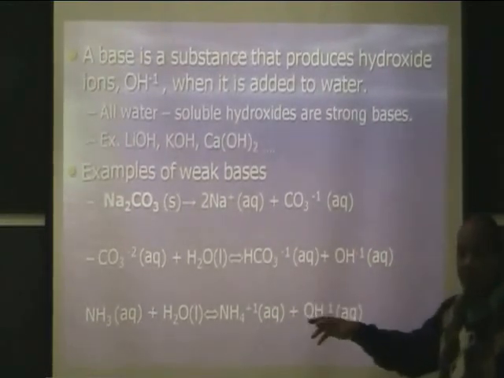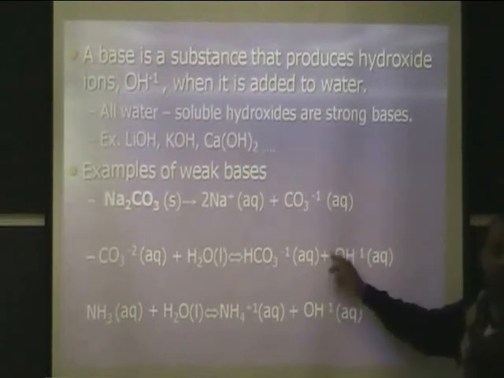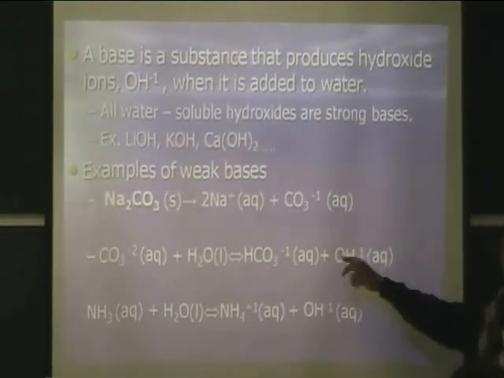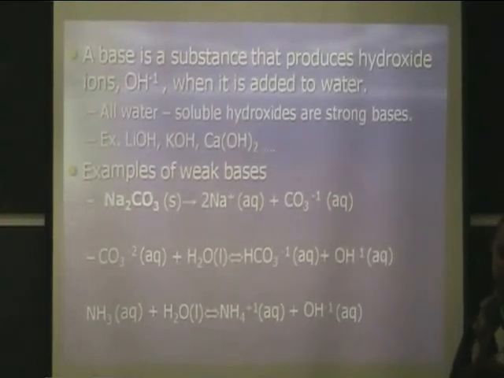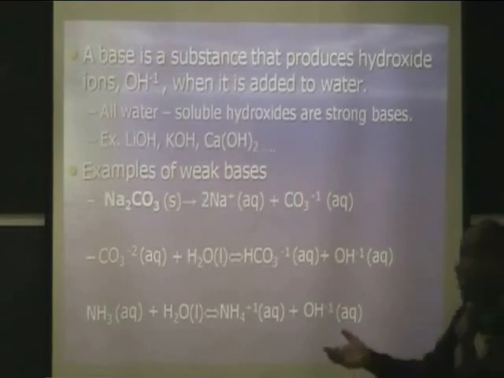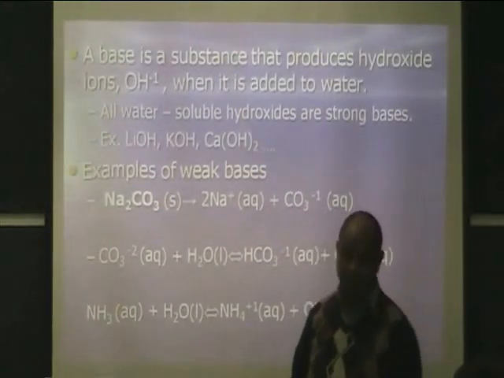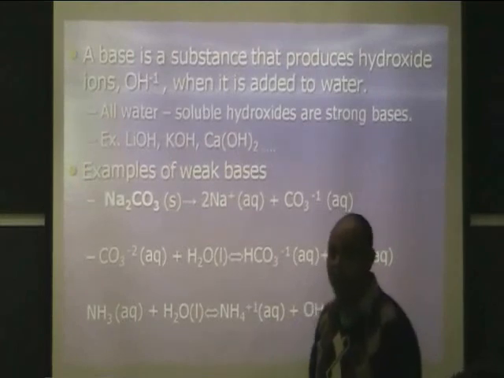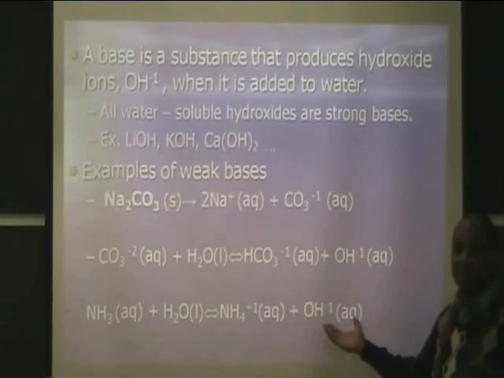You don't see carbonates per se, but you see bicarbonates and OH ion. Whether we like it or not, it contributes OH ion. Then this compound is considered a base. But what kind of base? It's going to be a weak base.